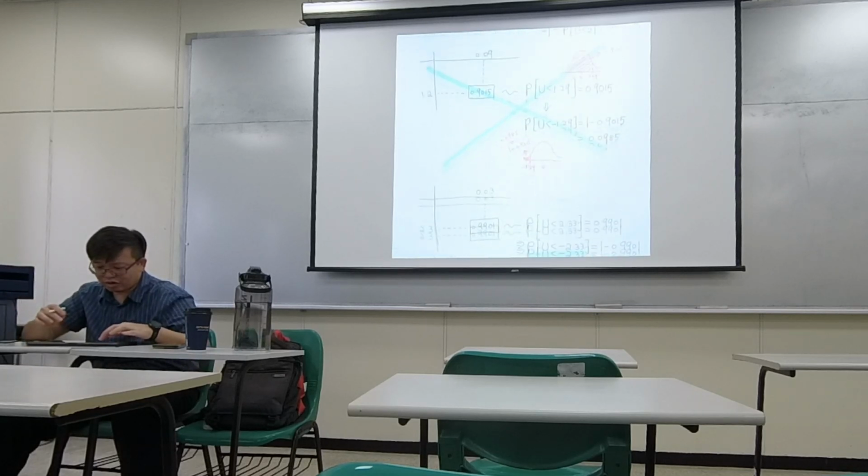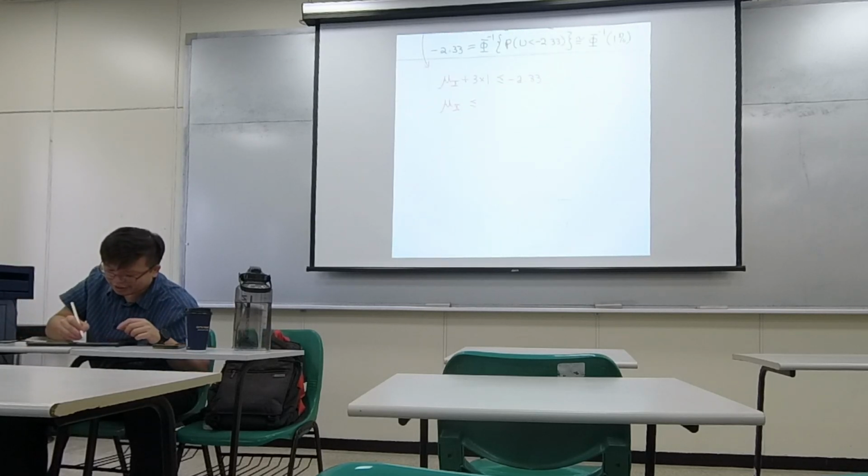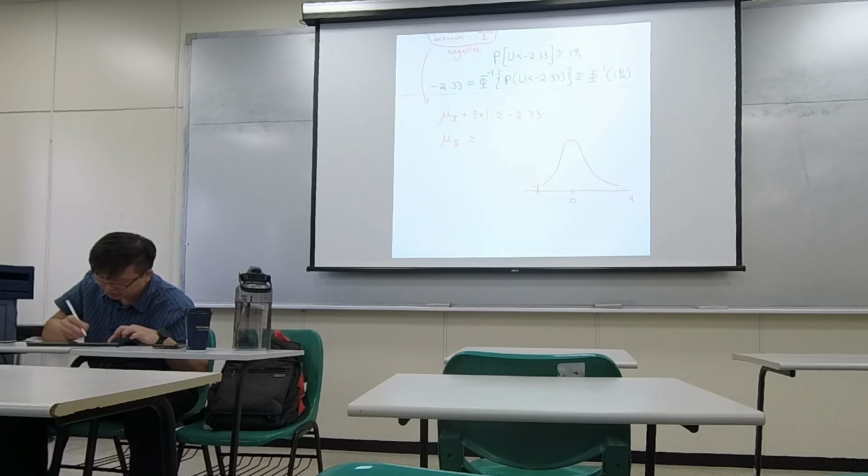So ideally I'm looking for, in the U space, this is U0, and here is negative 2.33. And so this is 1%.